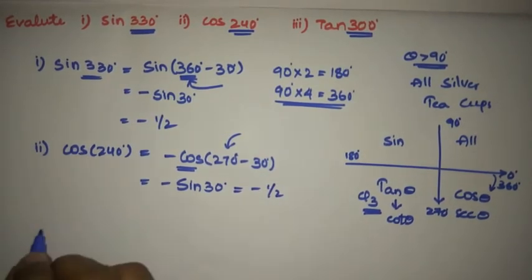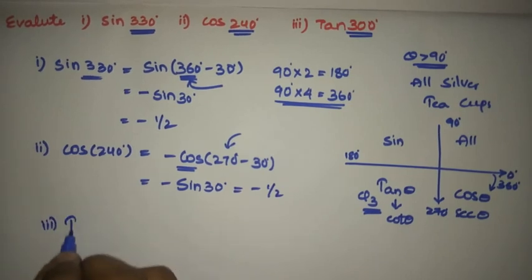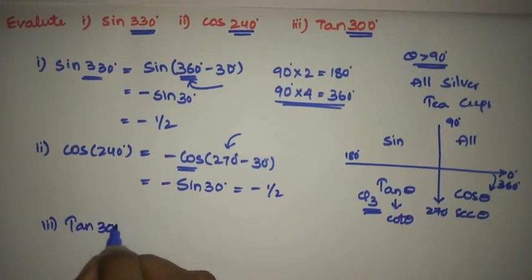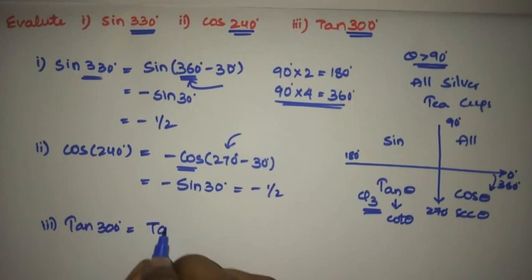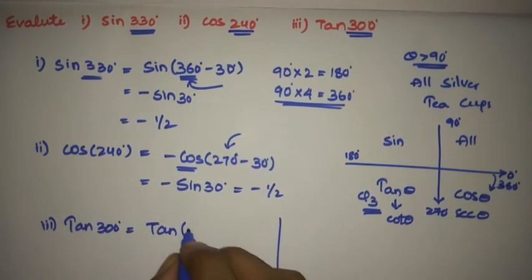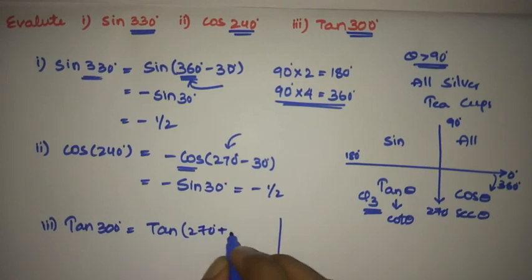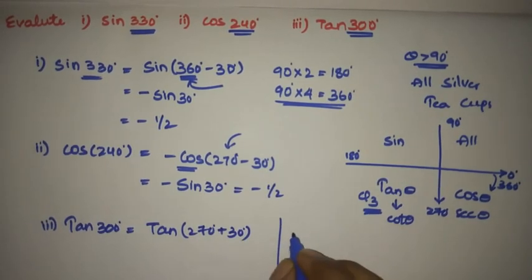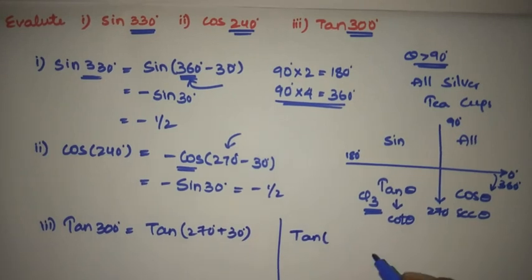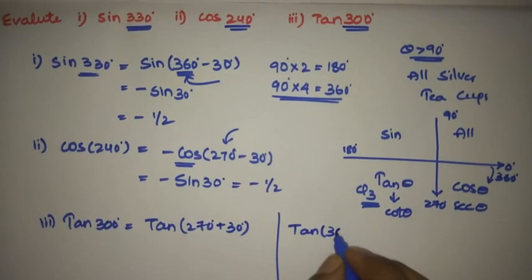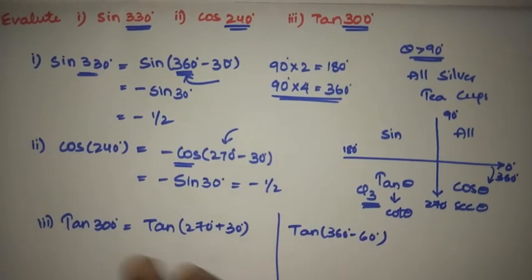Now let us calculate tan 300. Tan 300 degrees can be written in two ways. We can write 270 plus 30 degrees, or we can write it as 360 degrees minus 60 degrees. Both will have the same values.